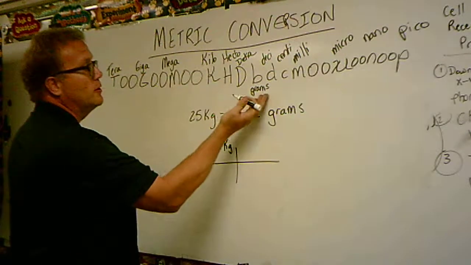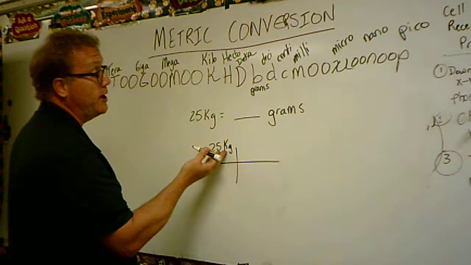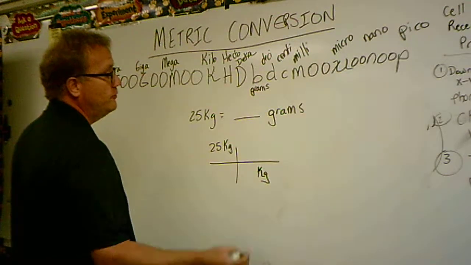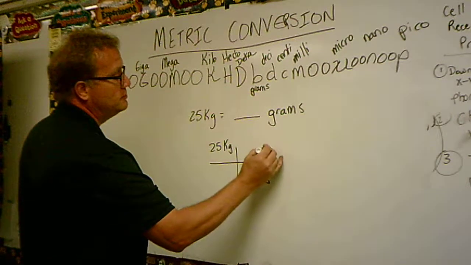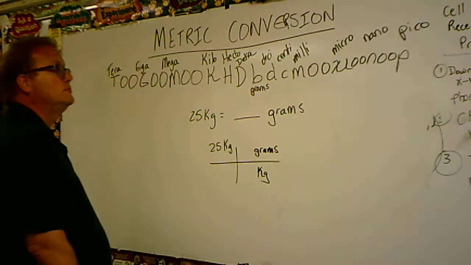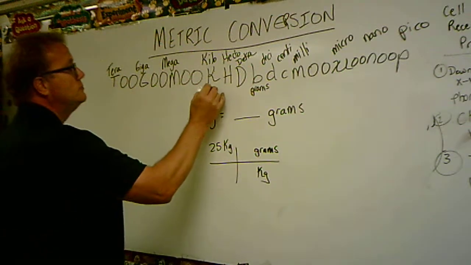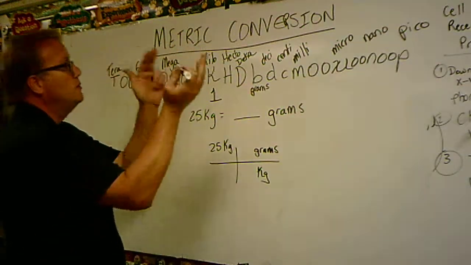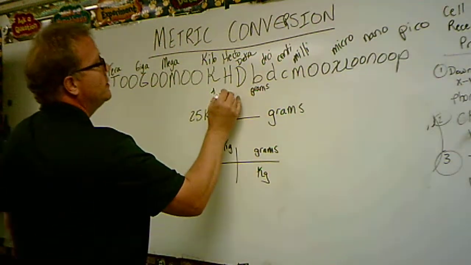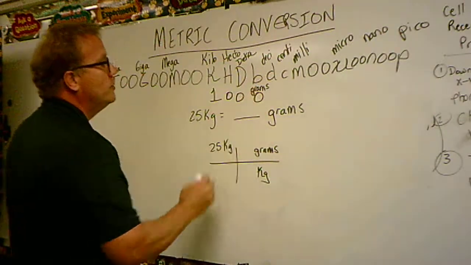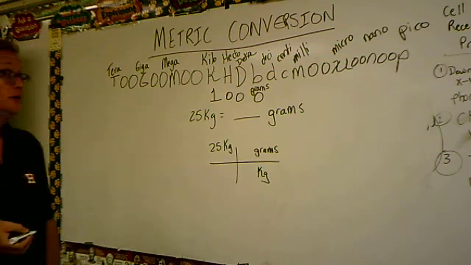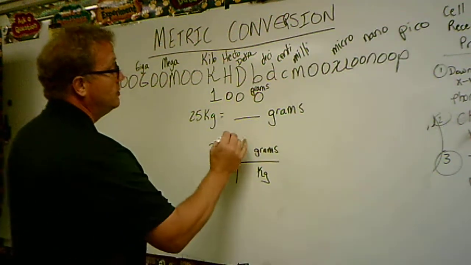We know we can go directly from here to here, so I just follow pattern. kg, top, kg, bottom, cancels, grams, top. Which one's the big one? Kilo, because the one on the left is bigger than the one on the right. And then all I have to do, since it's based on 1s and 0s, is put 0s down to wherever I'm going to, which in this case is grams.